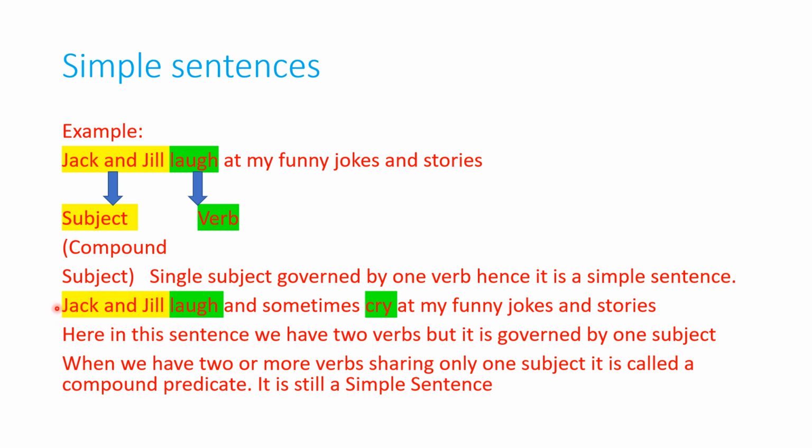Though it looks very complicated, it is a simple sentence. There is just one subject, but there are two verbs that govern it. When there are two or more verbs sharing only one subject, it is called a compound predicate. Laugh and cry is a compound predicate, but still it is a simple sentence.